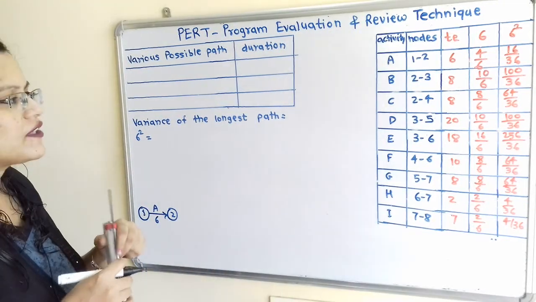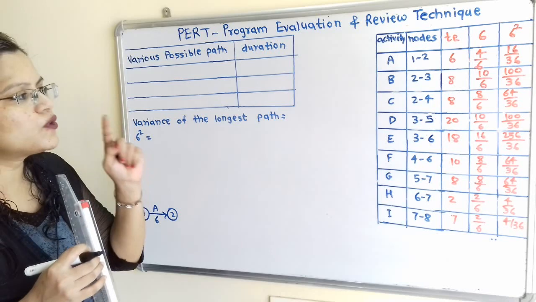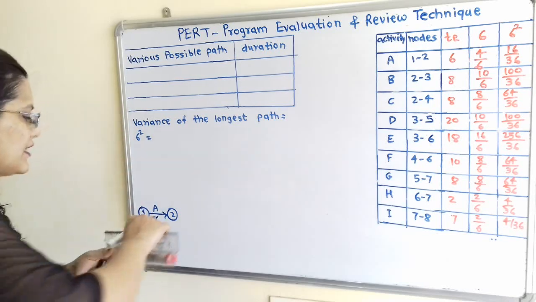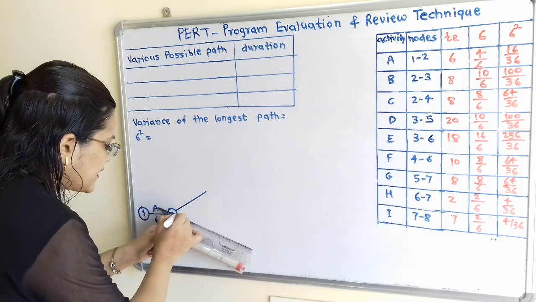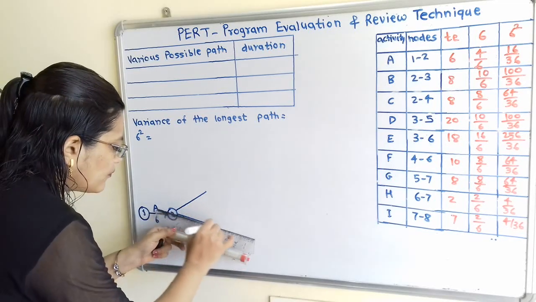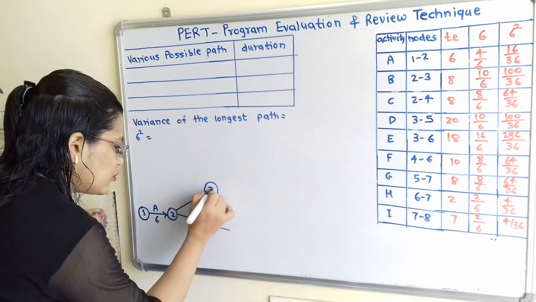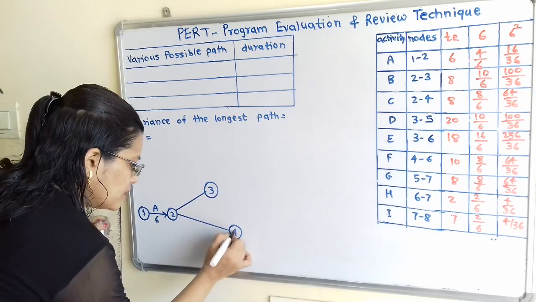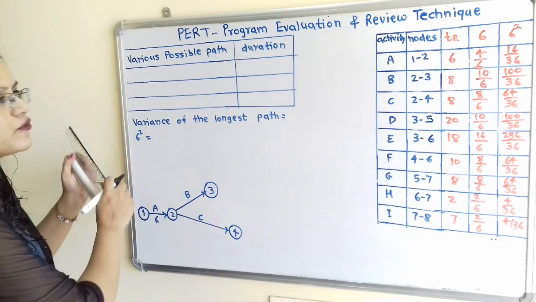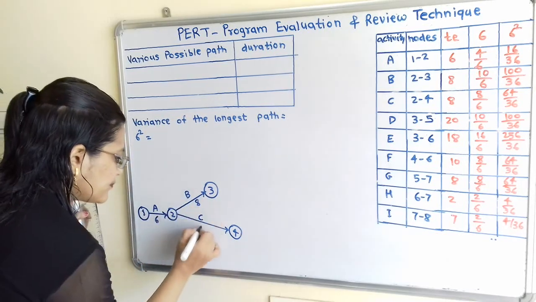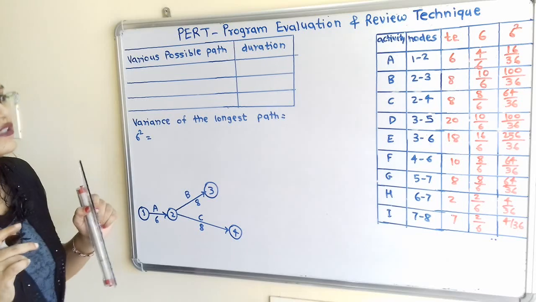Now if we observe the next nodes, node number 2 to 3 and 2 to 4. There are two branches we have to draw, 2 to 3 and 2 to 4, for activities B and C, which have durations 8 and 8. So we have to mention the duration also.